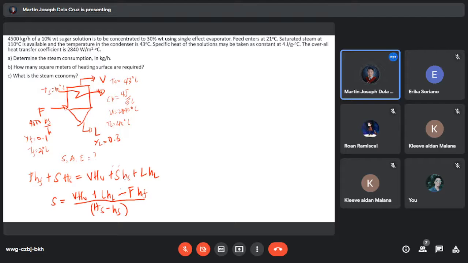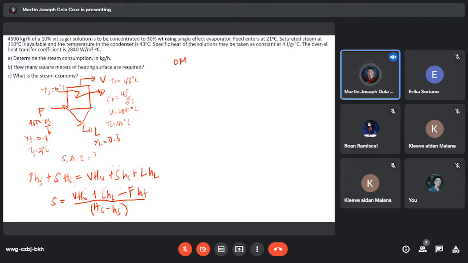Sakto ba? So, you don't have the value of your V. Wala tayong L. Wala pa tayong HV, HL. So, isa-isahin natin kunin yung values nila class. Okay? So, ang meron lang tayo is your F class. So, to get your values of V and L, pwede tayo mag-OMB and tsaka solute balance.